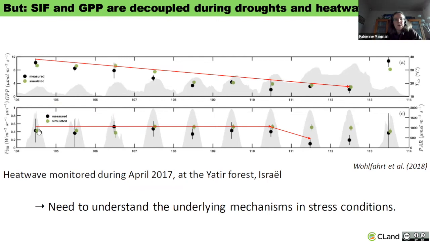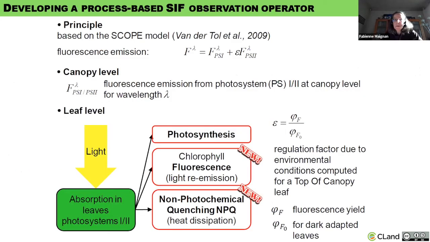And you see no response below for the fluorescence. So your fluorescence stays stable, and then it drops after a few days of the heat stress. So we really need to understand what is happening at the process level under these stress conditions that will become more and more frequent.